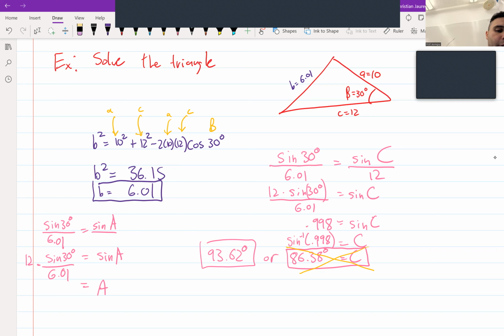We just said not to do that. Opposite A is 10. And then we get sine of A equals 0.83. You get A equals 56.23 degrees.